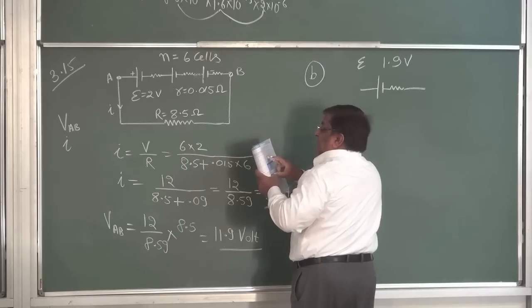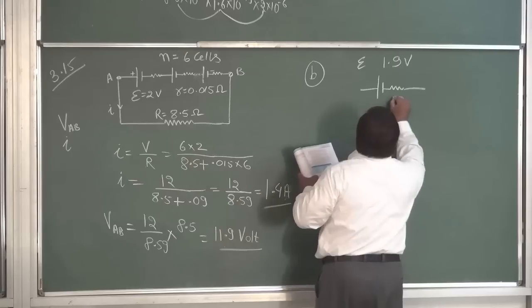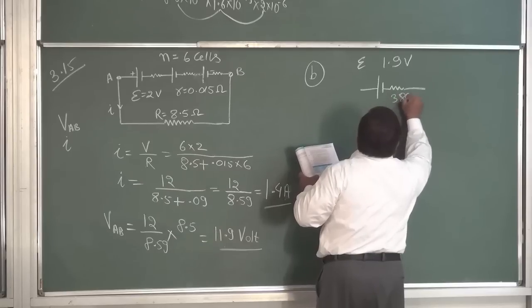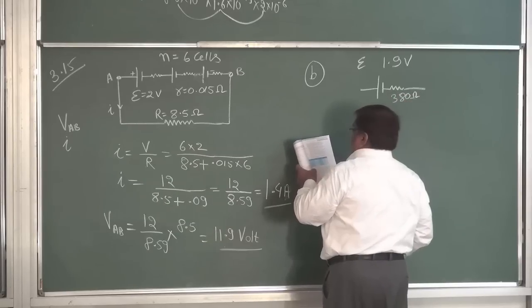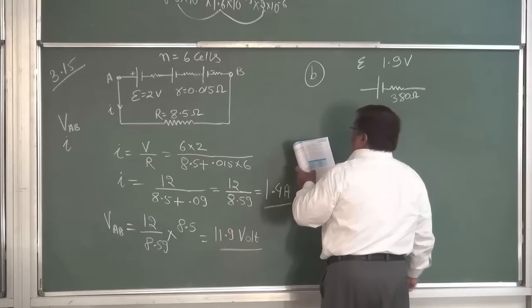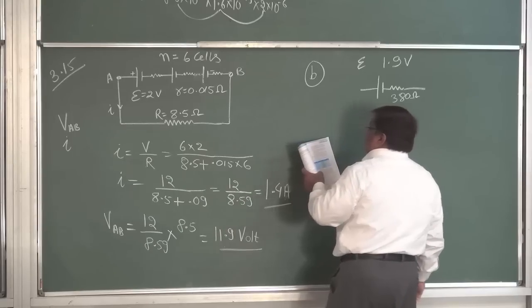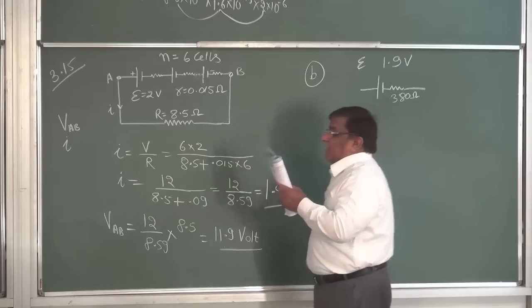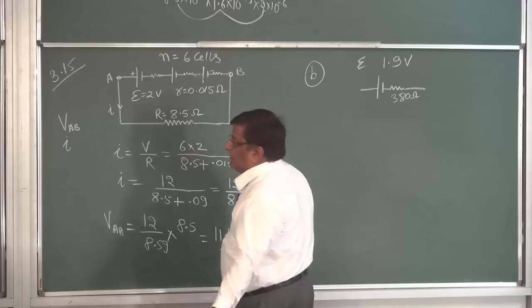And a large internal resistance, 380 ohm. Very large resistance, 380 ohm. What maximum current can be drawn from the cell? Could the cell drive the starting motor of a car?